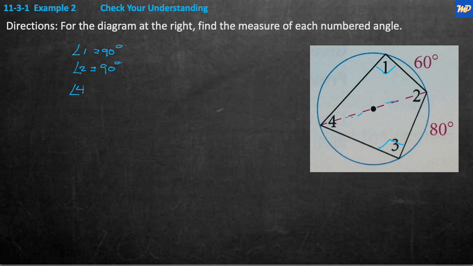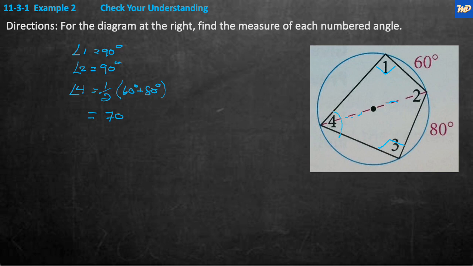So if we take 60 and 80 and add them together, angle 4 is equal to 1/2 of 60 degrees plus 80 degrees. Angle 4 then is going to be equal to 1/2 of 140, which is 70. So now angle 4 we know is 70 degrees.